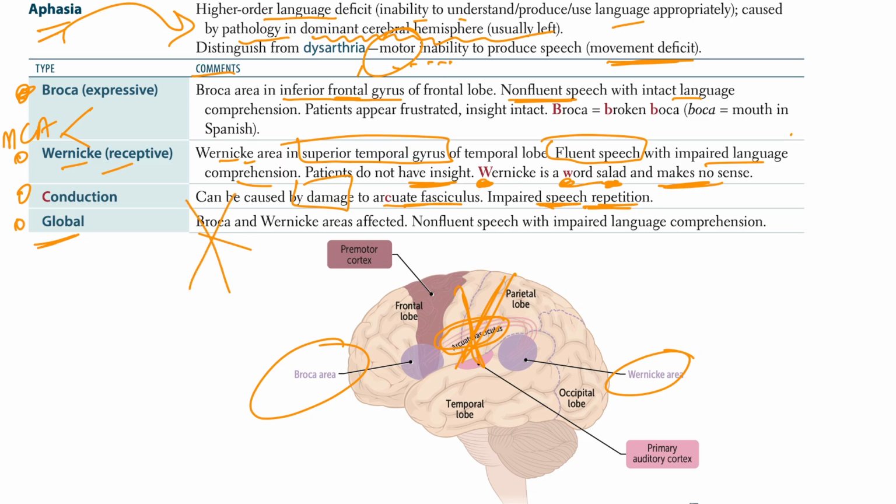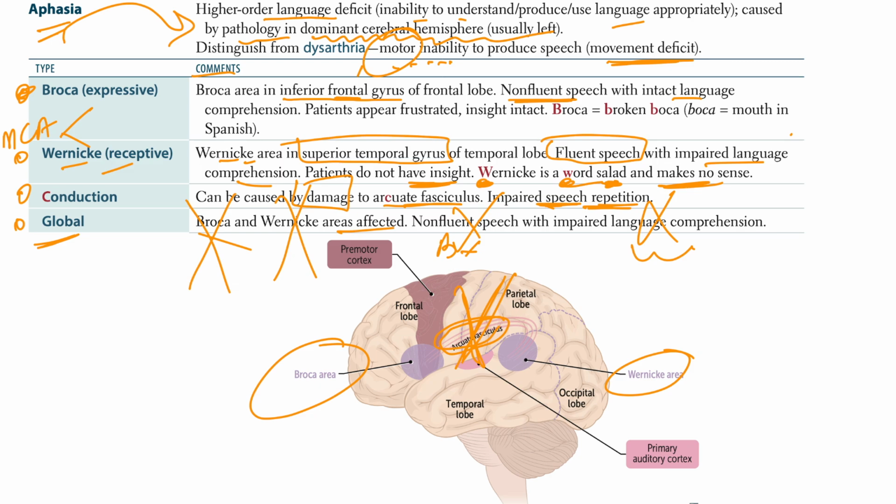Broca is down, Wernicke's is down. You're going to get non-fluent speech, broken mouth, with impaired language comprehension, because you have affected both the Broca and the Wernicke's areas.